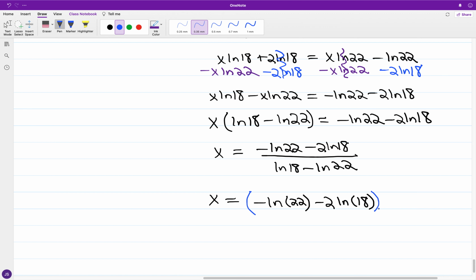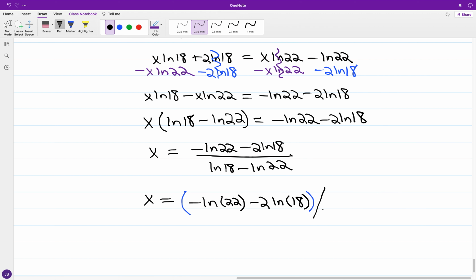And we have all over, in parentheses, the natural logarithm of 18 minus the natural logarithm of 22.